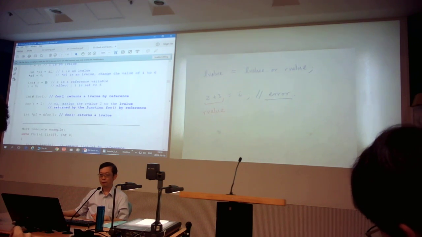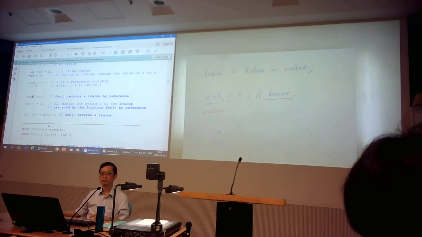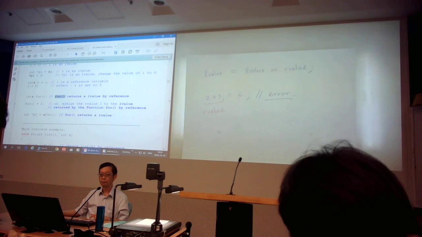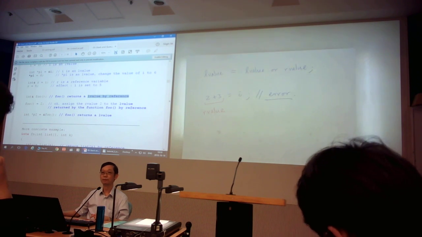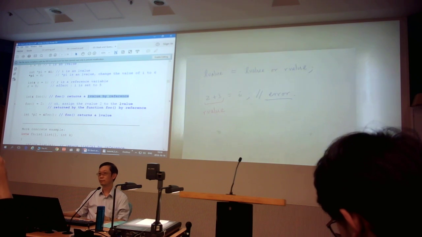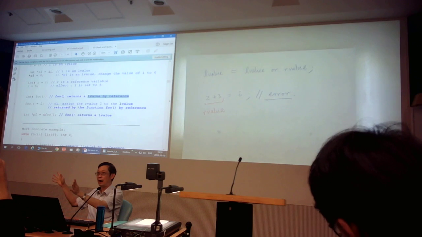Now, if you define a function that returns the result by reference, then this function must return an L value by reference. It cannot return an R value by reference because the R value disappears after the return.